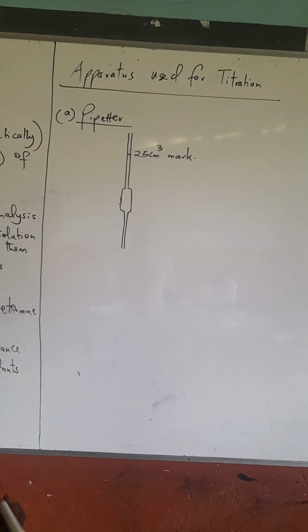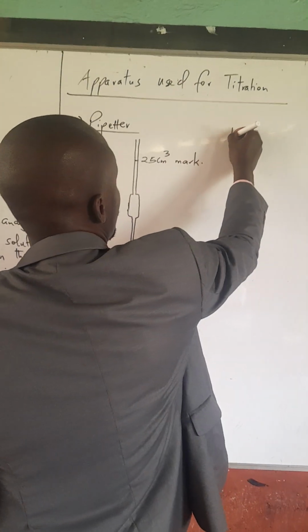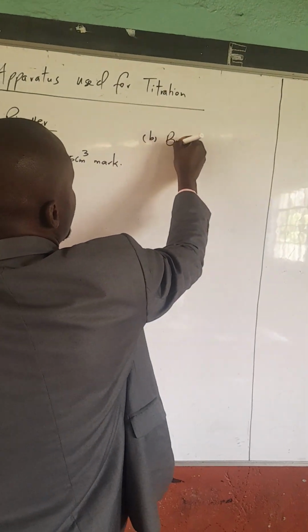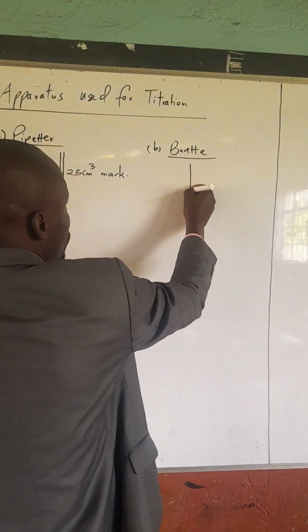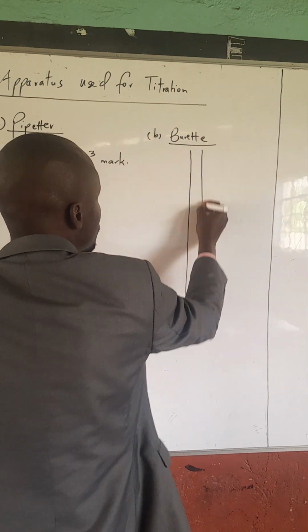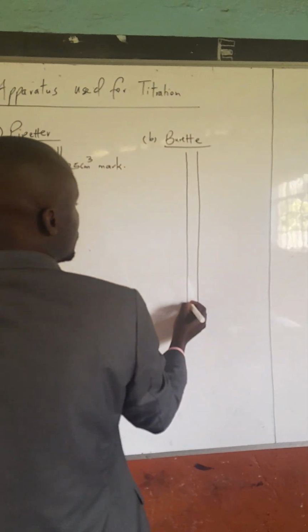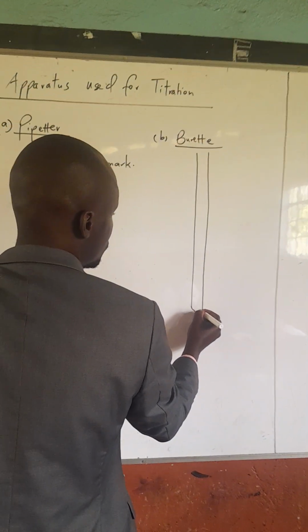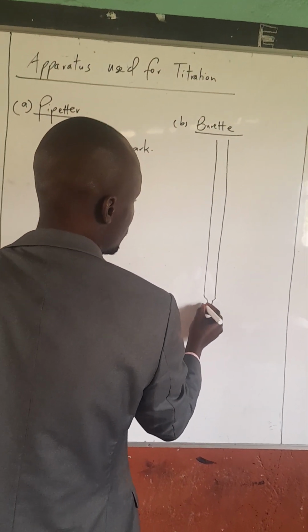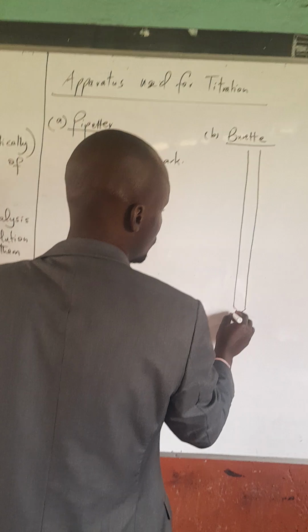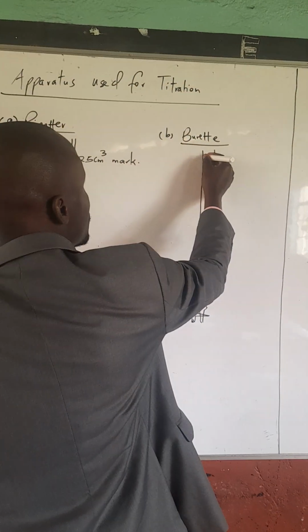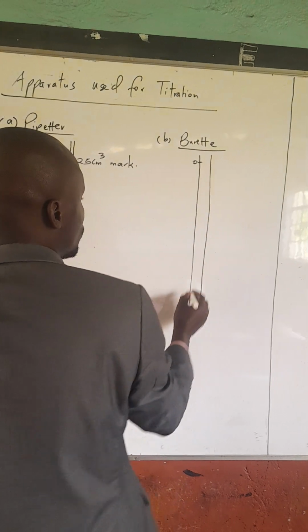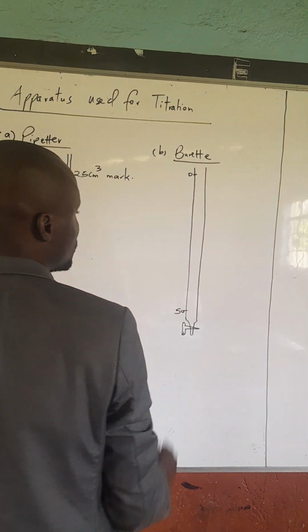We also have another one called a burette. This is a long tube, looks like that, and it has a tap down here. This tube is calibrated from 0 all the way to 50 cubic centimeters.